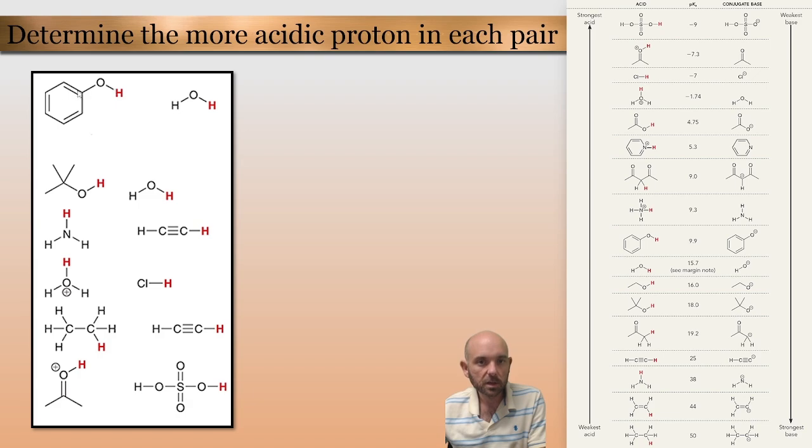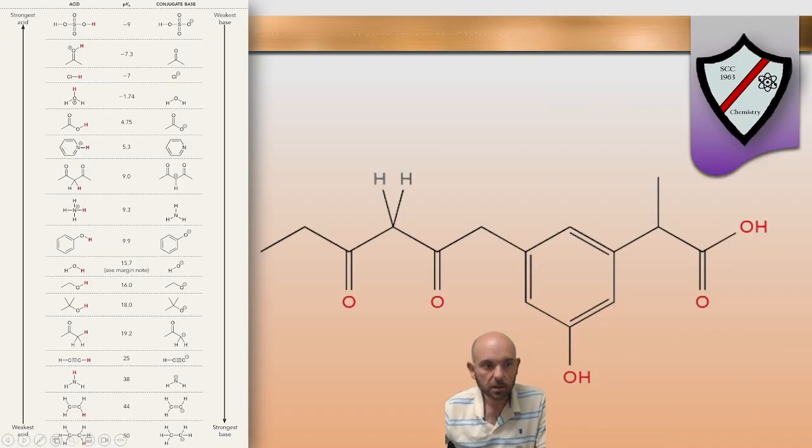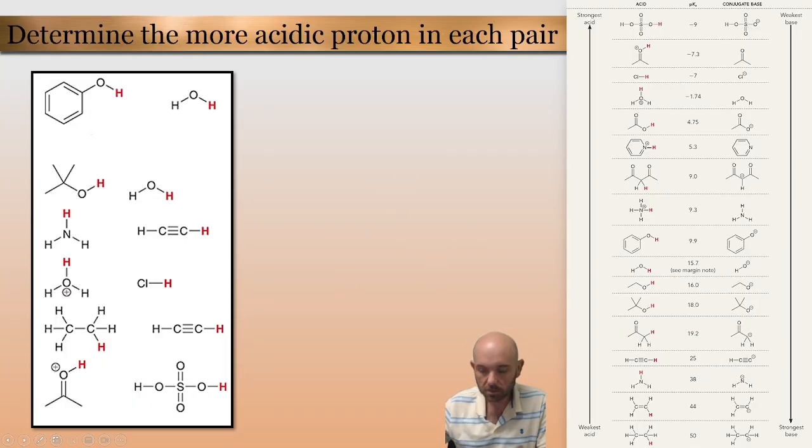This molecule is called phenol, and you can find the phenol structure in the pKa table right here. It says that the acidic H has a pKa of 9.9.